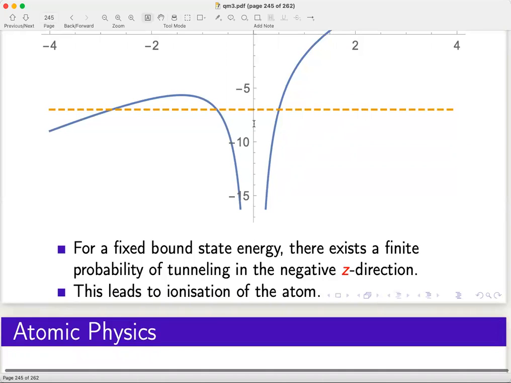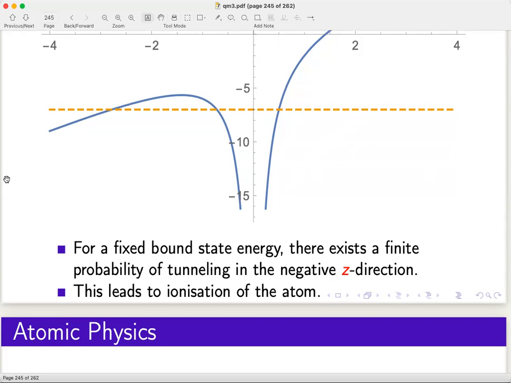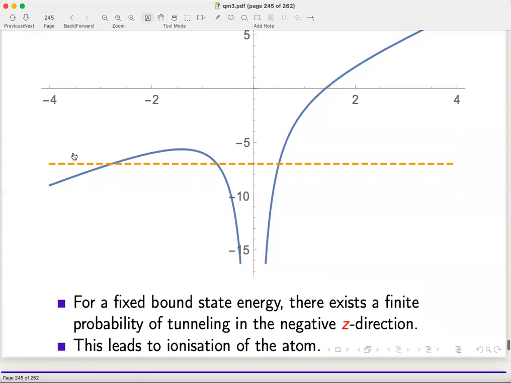So for any fixed bound state energy, suppose instead of looking at this energy level, there was some energy level at this point. Then that energy level would be stable in this direction anyway, but in this direction it would develop instability, only much further out, at larger negative values of z.